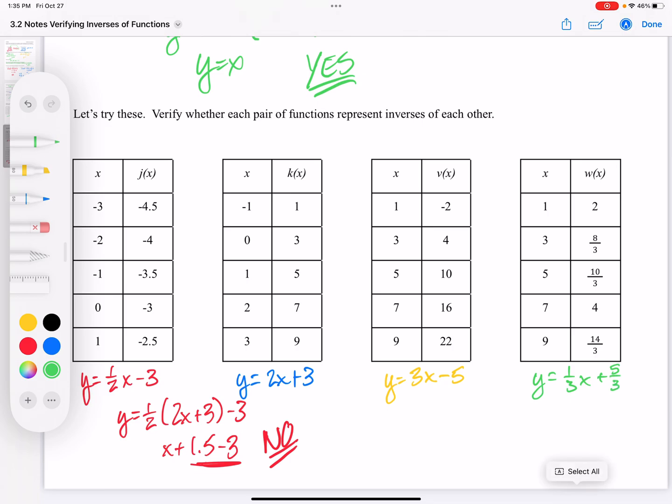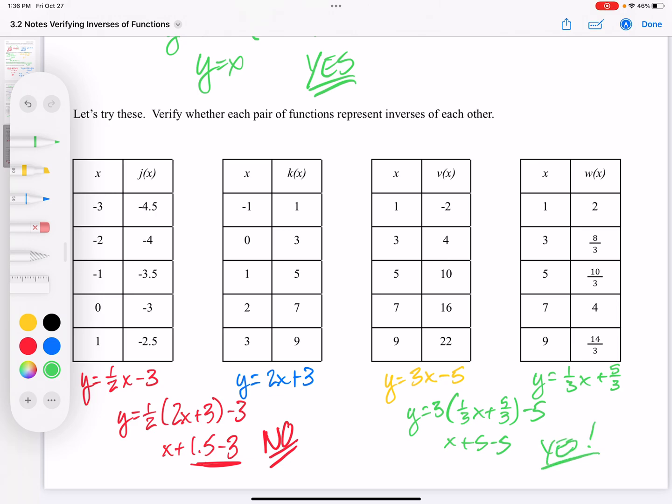Sorry, not 5/3 for the slope. So are they inverses? y equals 3 times (1/3 x plus 5/3) minus 5. 3 times 1/3 gives me just x. 3 times 5/3, the 3's cancel, plus 5 minus 5. So yes, it works.